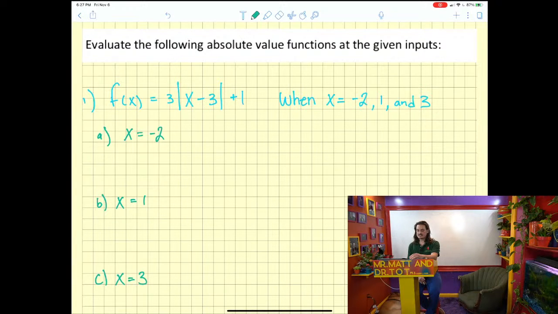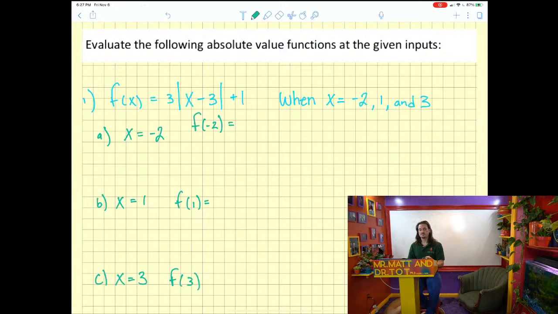Okay, so if we're asked to evaluate at x is equal to -2, +1, and +3, first of all, know that another way of asking that question with function notation would be to ask you to evaluate f of -2, f of +1, or f of +3.